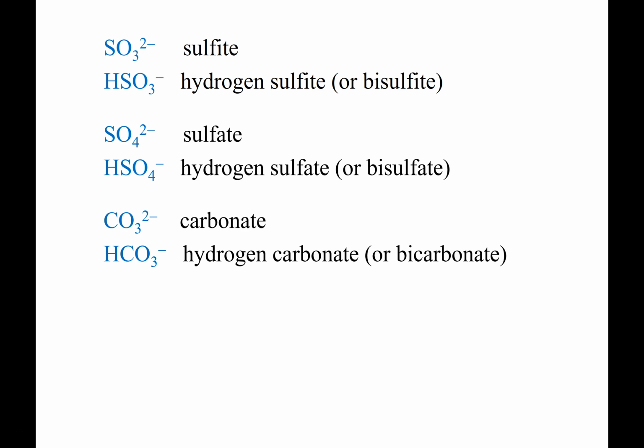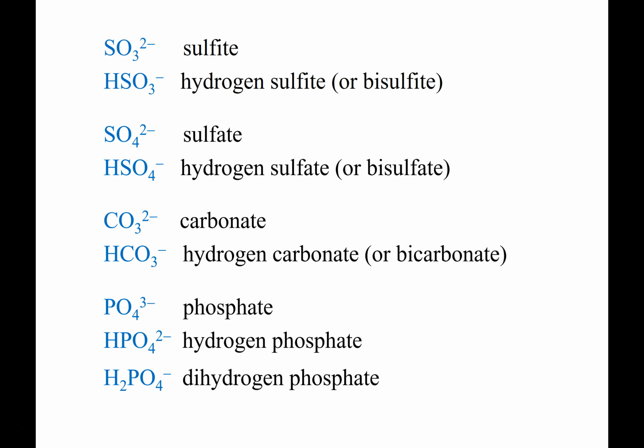HCO3 -1 is hydrogen carbonate. Phosphate gets exciting because phosphate is PO4 3-, so you can kick in 1 hydrogen and actually 2 hydrogens, and you still have a negative polyatomic anion. So it goes from a -3 to a -2 to a -1 when you kick in those hydrogens.